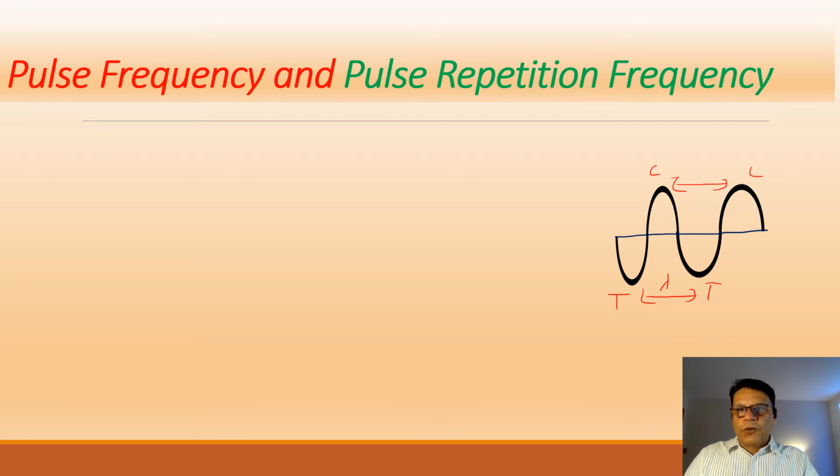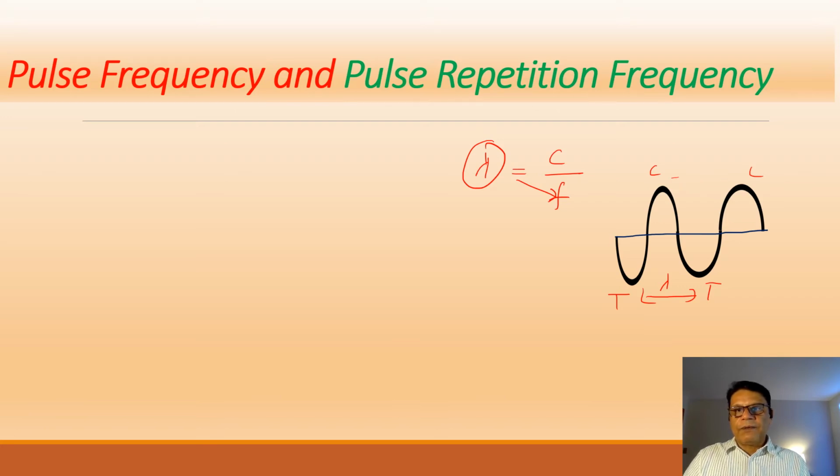And we also know that wavelength and frequency have an inverse relationship. So when you increase the wavelength, frequency will decrease, and when you decrease the wavelength, frequency will increase. This is called the frequency of the pulse.